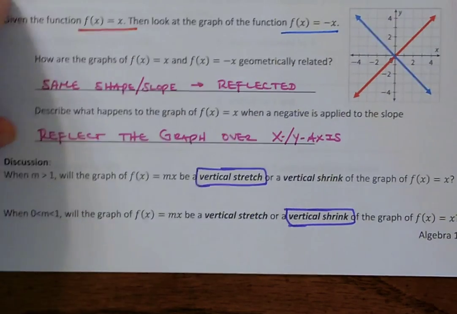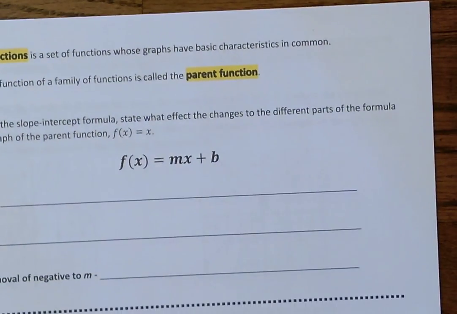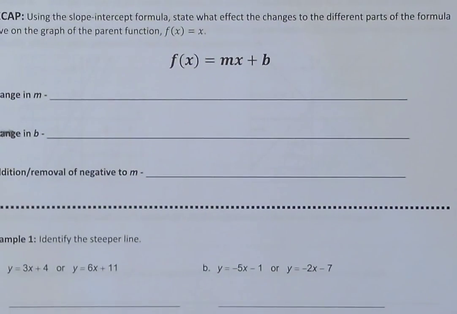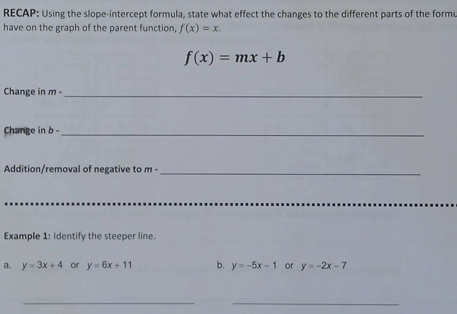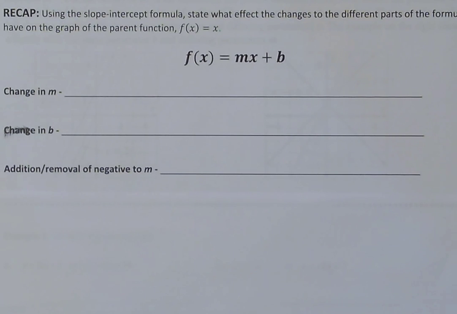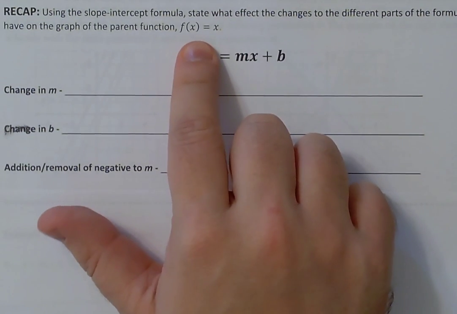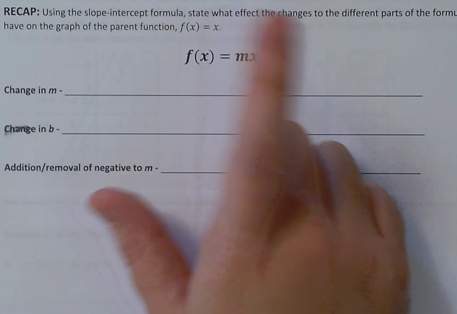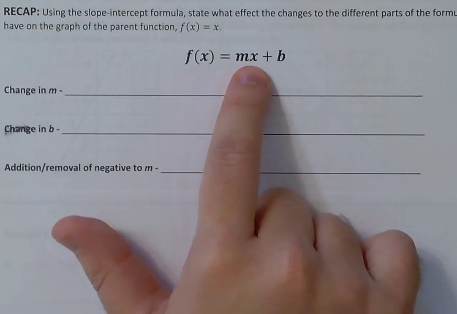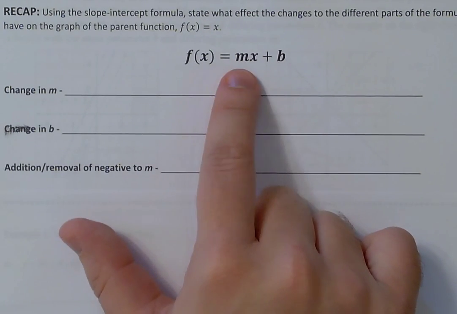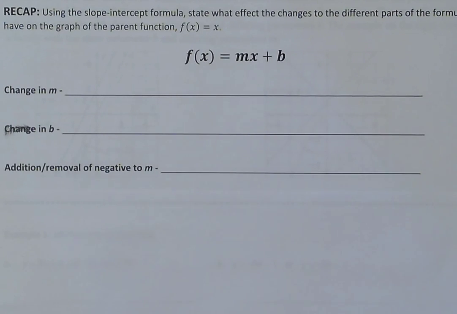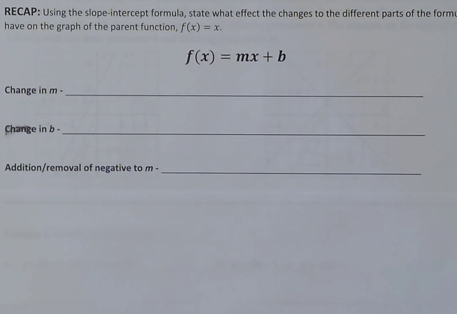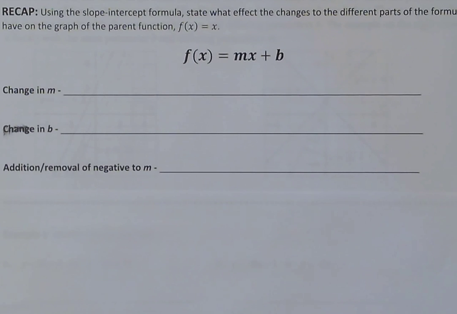All right, let's take both of these explorations and summarize them into something we can look at and use as a reference for our homework. So to recap, if we started with this as our parent function, f of x equals x, and then we've expounded upon it to f of x equals mx plus b, what happens to the graph when we change the value of m?